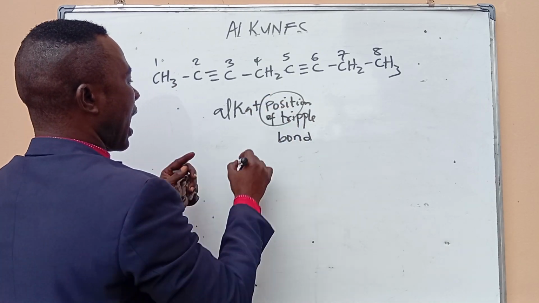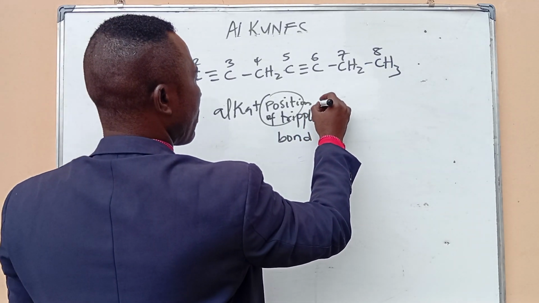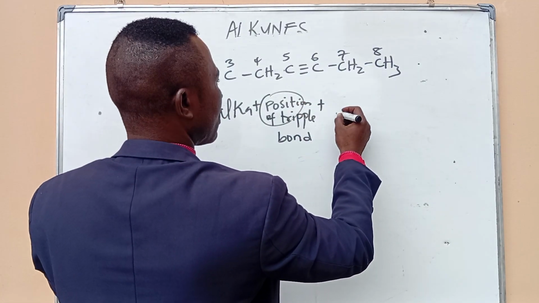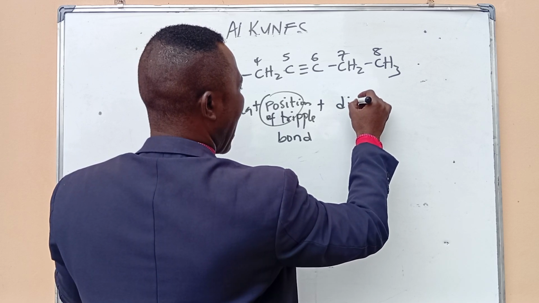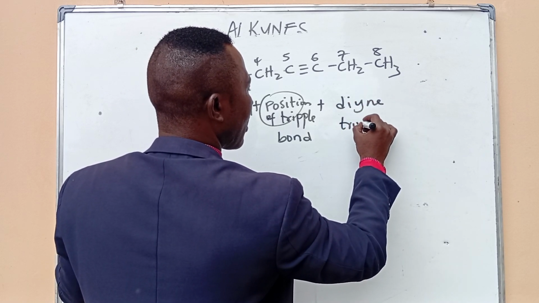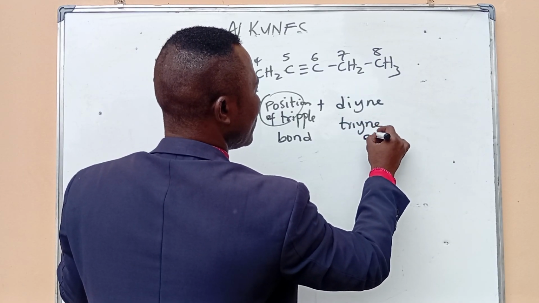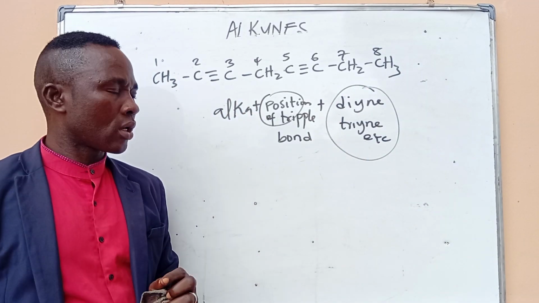So we are naming it alkyne plus position of triple bond, then plus di, tri, etc., depending on the number of triple bonds.